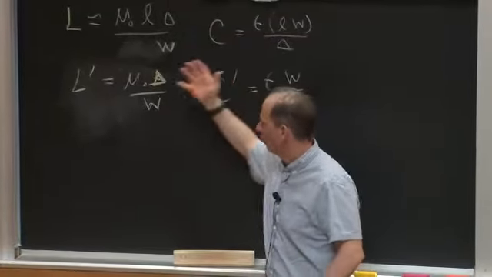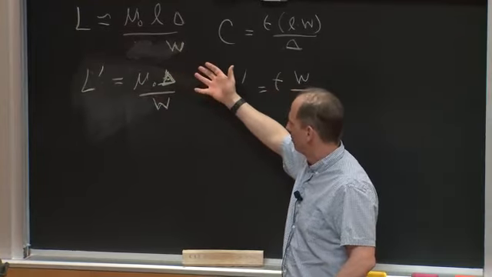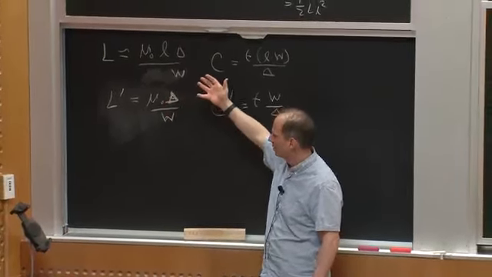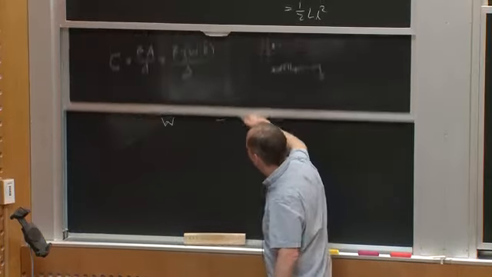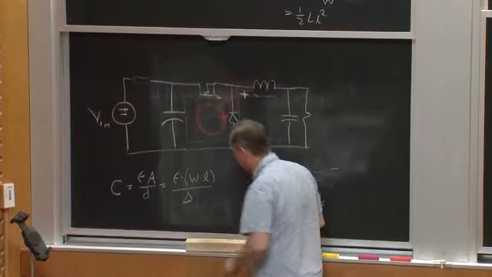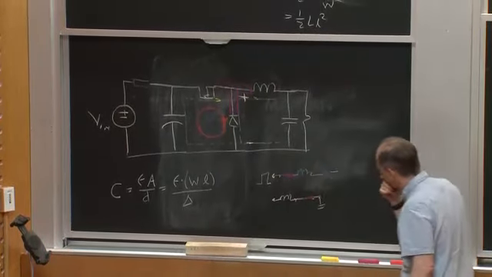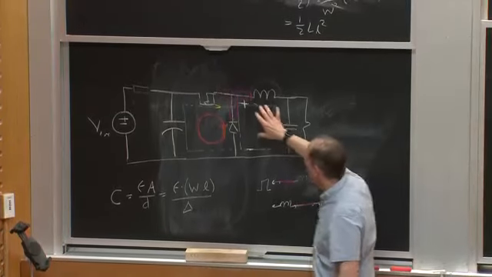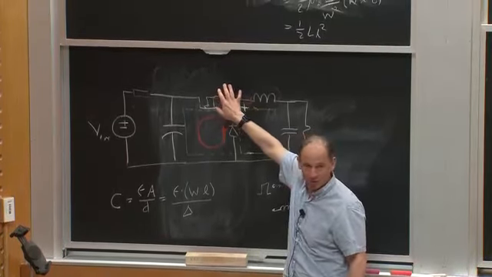Okay? Now, I should say, by the way, 1 over L prime C prime ends up being the speed of light squared. So it's a physical constant, mu naught epsilon naught. But that doesn't mean I can't do something bad here that doesn't help me, right?